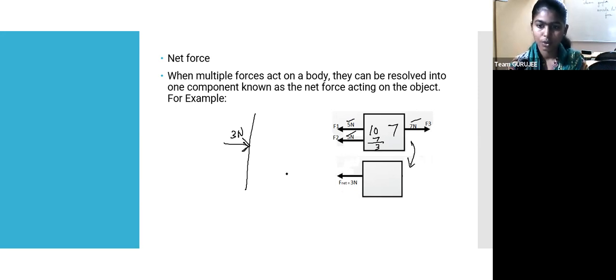So you can think of it as 3 Newton being applied, but overall there has been no motion, so you can't say anything, but your force is being applied, so 3 Newton is your force there.